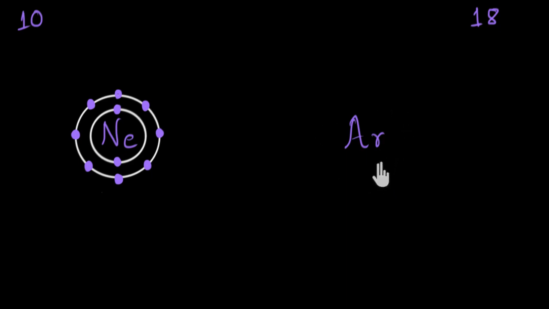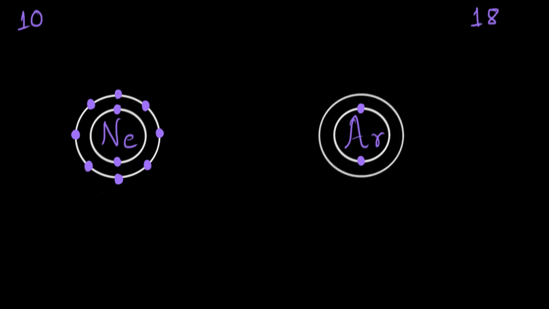Now let's see how these electrons go around in shells. In the first shell, or the K shell, we can have a maximum of 2 electrons. In the second shell, you can have a maximum of 8 electrons. So far we have 2 plus 8, 10 electrons. 18 minus 10 leaves us with 8 electrons.